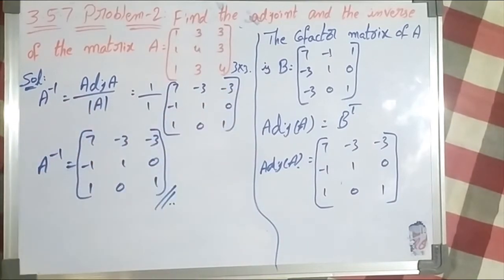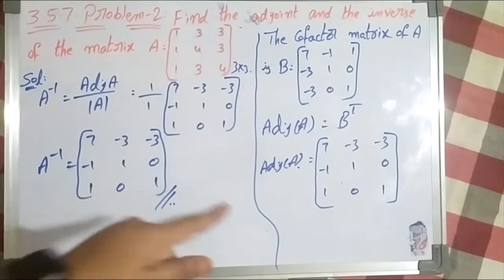For finding the inverse of a given matrix A, first we have to find whether the given matrix is singular or non-singular. If the given matrix is singular, then there is no inverse. If it is non-singular, then we have to find the adjoint.